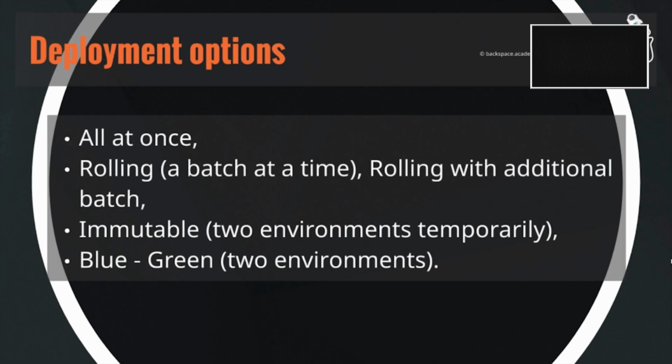And finally, we've got blue-green deployments, and they will have 2 environments running your application under the one Elastic Beanstalk application. You will have a blue environment and a green environment. One of those could be a development environment, and the other could be your production environment. When your development environment is ready to be deployed, all you need to do is switch over from one environment to the other.